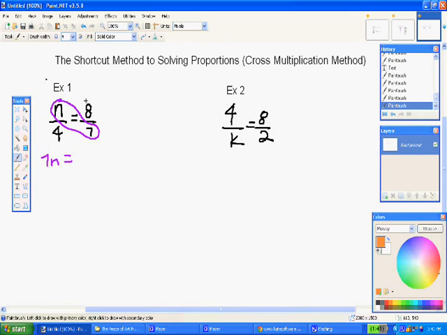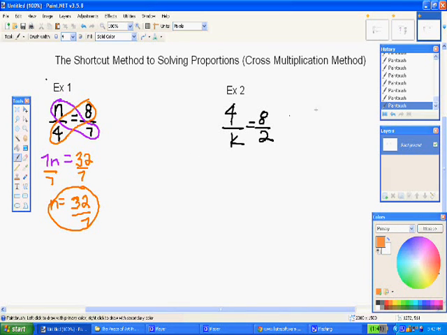And you do the same thing on the other side. You multiply the top numerator by the denominator. And you get 8 times 4, which is 32. And you have to solve for n, so divide by 7. Divided by 7. N equals 32 divided by 7. And that's our answer.